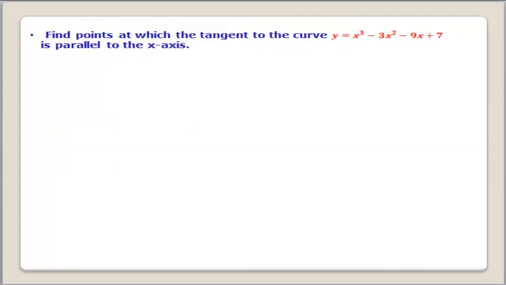See this, it says find the points at which the tangent to this curve is parallel to the x-axis. So evaluating the slope of the tangent first by differentiating y with respect to x, you can see it reduces to 3x square minus 6x minus 9. Moreover, what is being said? It says the tangent is parallel to the x-axis.